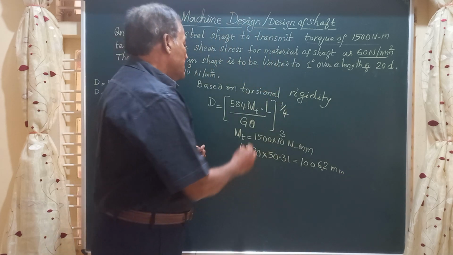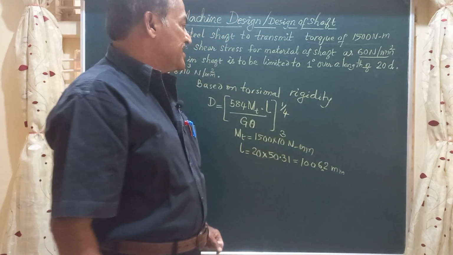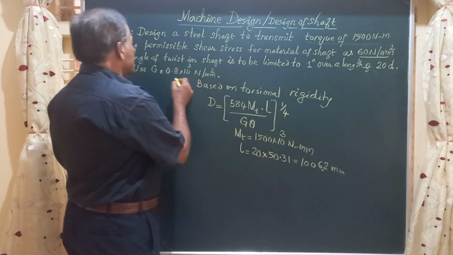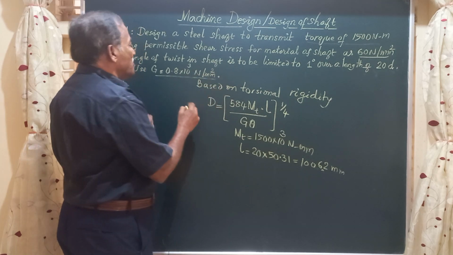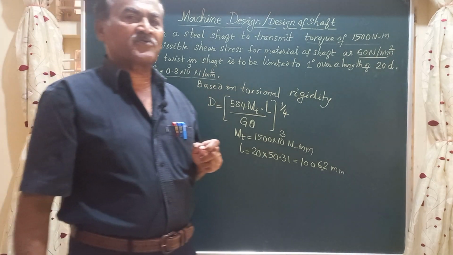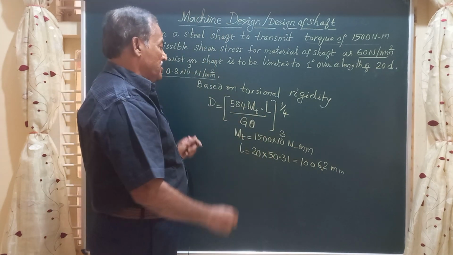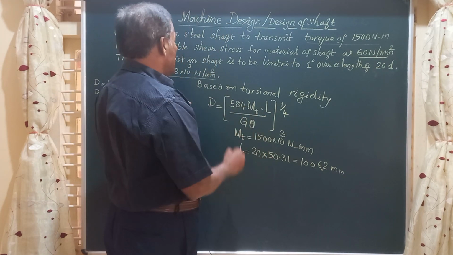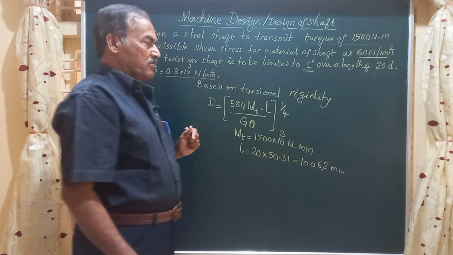Then we have got, friends, G. G is the modulus of rigidity of the material that is specified, and if not given also, we can take a value of 0.8 into 10 to the power of 3 Newton per millimeter square for steel, and the value of theta is angle of twist that will be specified in the problem.